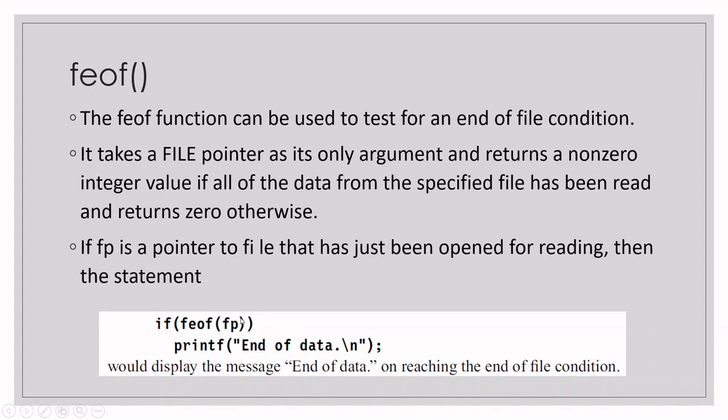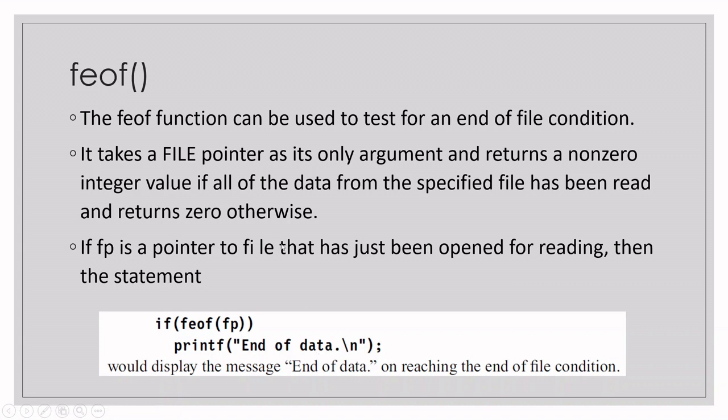Whenever this returns a non-zero value, a value other than 0, end of file has been reached. If it returns 0, it means it has not reached end of file. So this condition, feof(fp) not equal to 0, means that if it returns a value which is not 0, end of file has been reached, and we can give a print message like end of data.